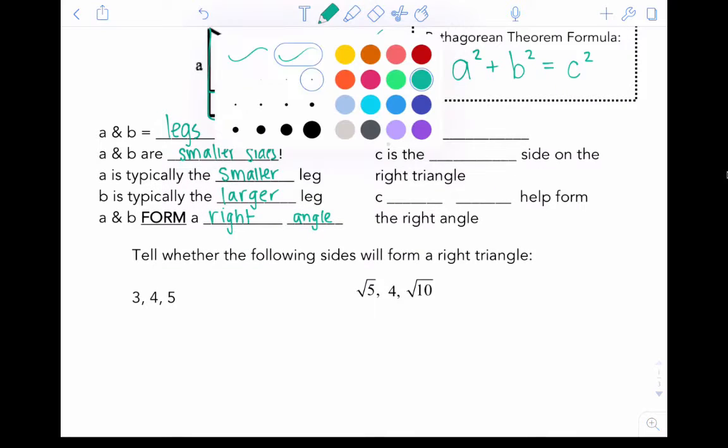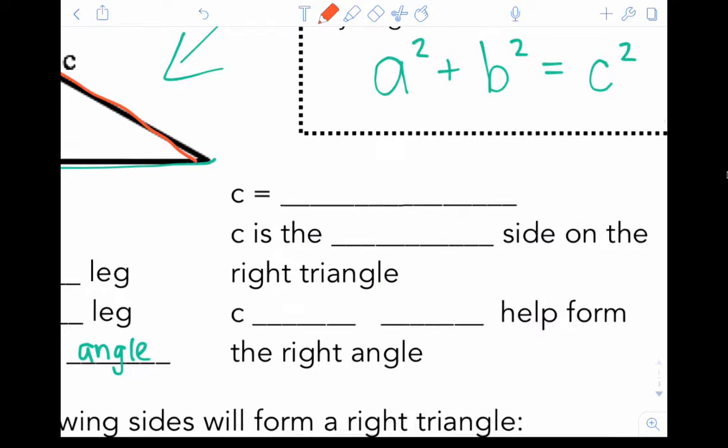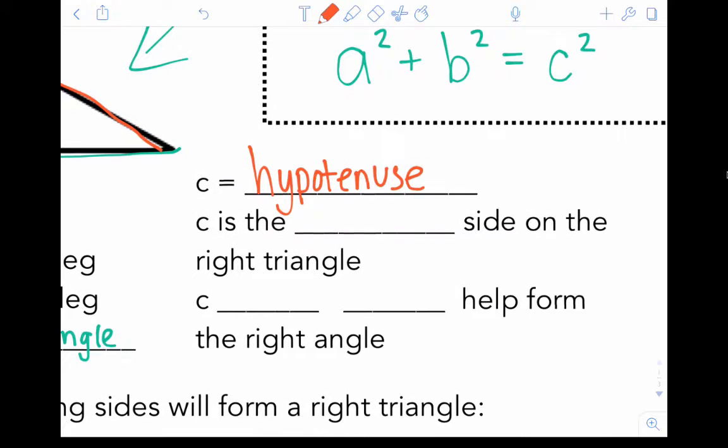And then we have side c. c is called the hypotenuse. c is always going to be the largest side. So if you have three side lengths, you always know which one is c because it's the largest one.